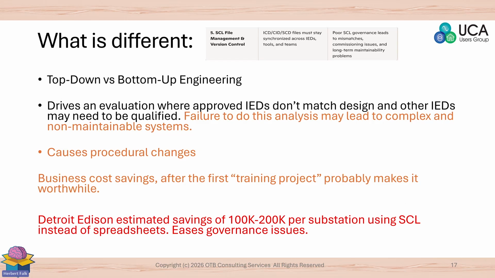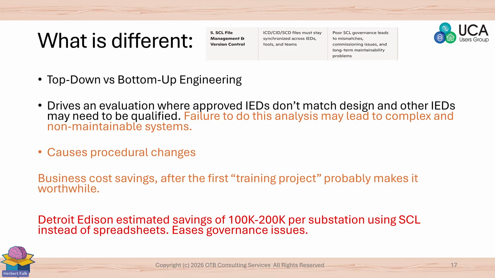And if you don't do this analysis in a project, and I've seen it, you may end up saying, oh, my device claims it does 61850, and you decide to adopt it for a project. And lo and behold, it doesn't do the function that you want it to do, and you have to cobble together a Rube Goldberg to make the system work.